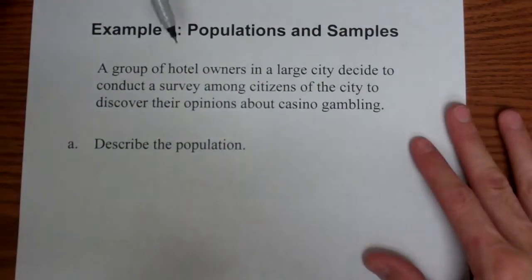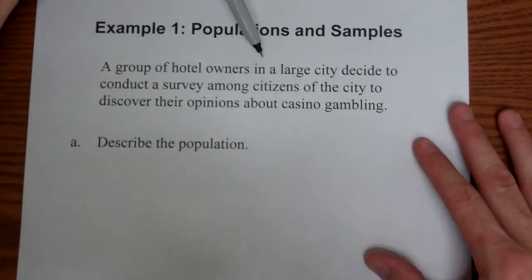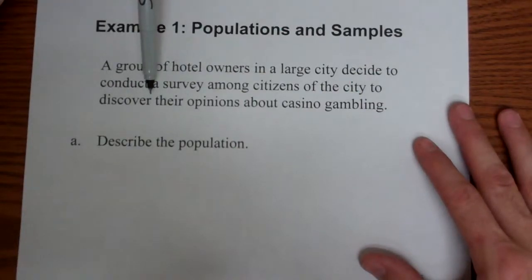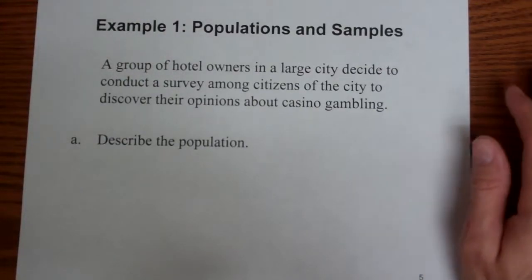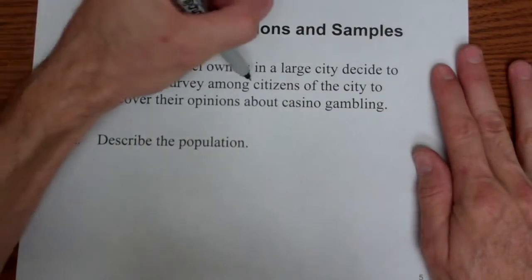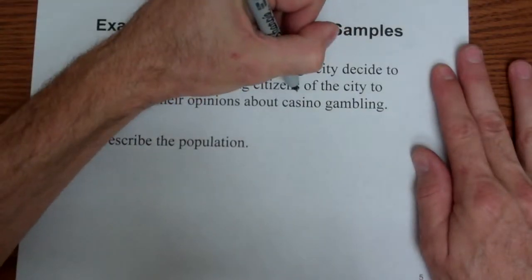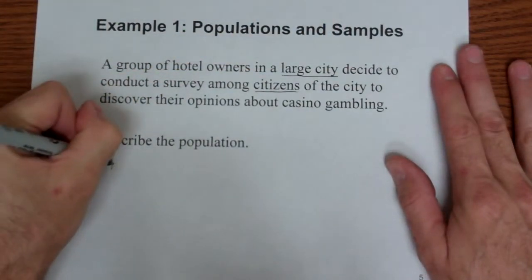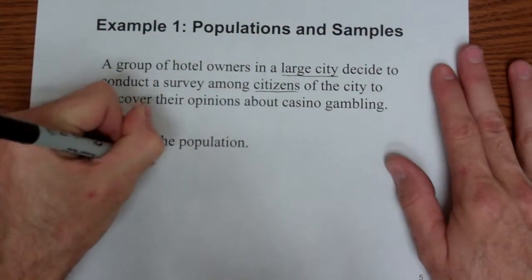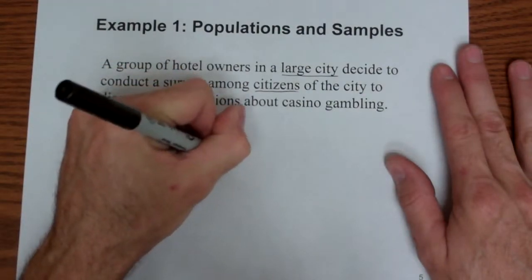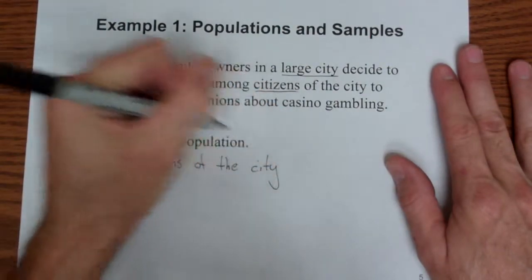Alright, so a group of hotel owners in a large city decide to conduct a survey among citizens of the city to discover their opinions about casino gambling. Describe the population. Well, the population here are the citizens of the large city, right? So the citizens of the city, okay?